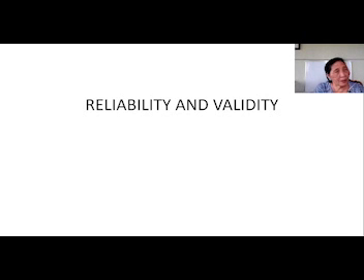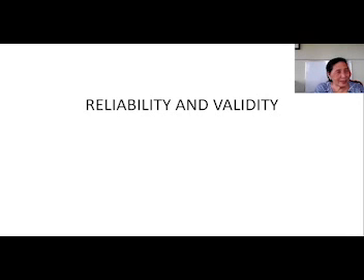If the test is objective, let's say true or false, multiple choice, objective tests are easy to score. Because no matter how many scorers are scoring your test, they will arrive at the same score if the scoring is accurate.